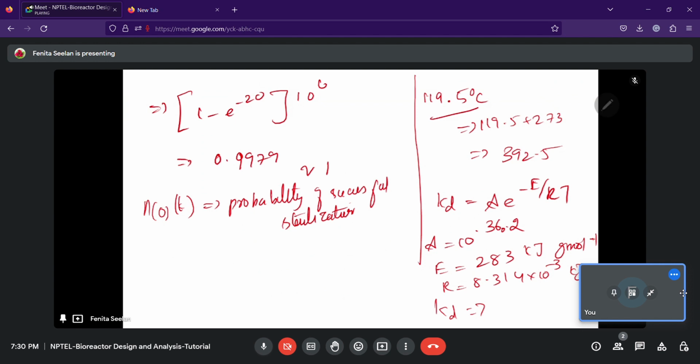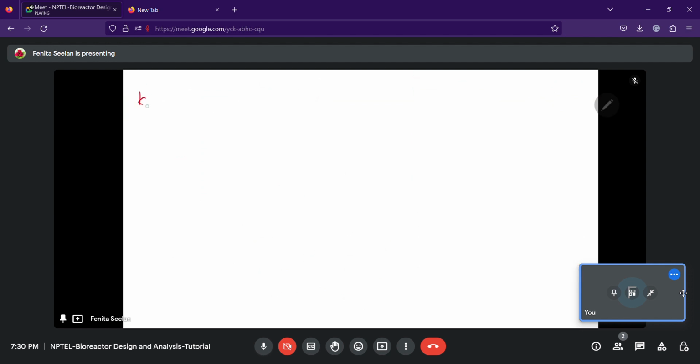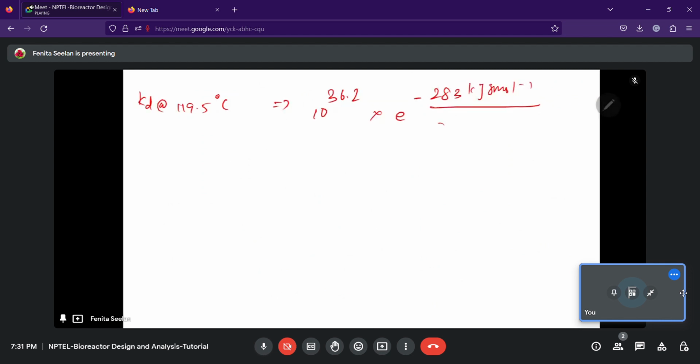So it would be Kd at 119.5 degrees Celsius, which is 10 power of 36.2 into e power of minus 283 divided by 8.314 into 10 power of minus 3 kilojoules, into your temperature in Kelvin. What is it?